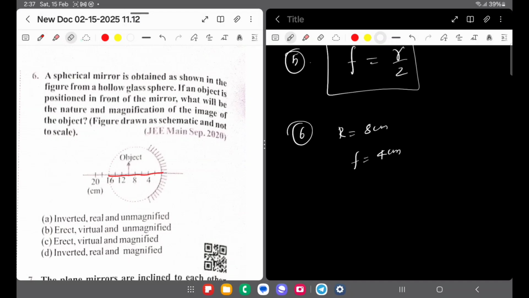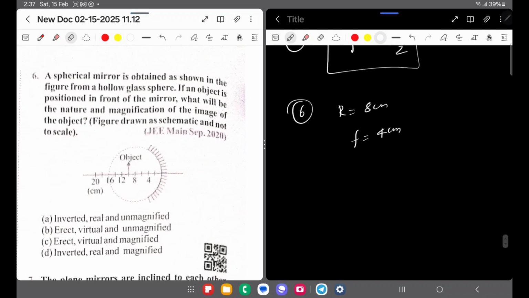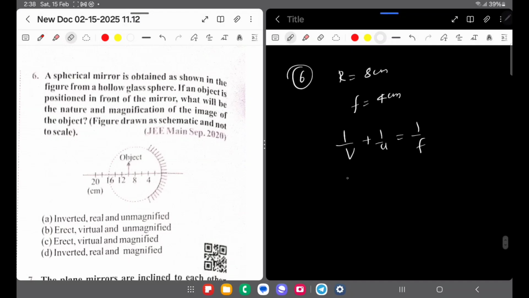So the image is placed at exactly what location? The image is placed at 10 centimeter, and it's a concave mirror obviously. They are asking the position and the nature of the image. We can readily use the formula 1 by v plus 1 by u equal to 1 by f. It's a concave mirror, so the focal length is negative and the object distance is also negative.